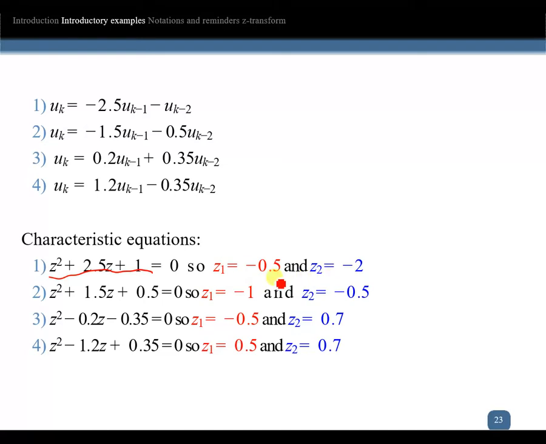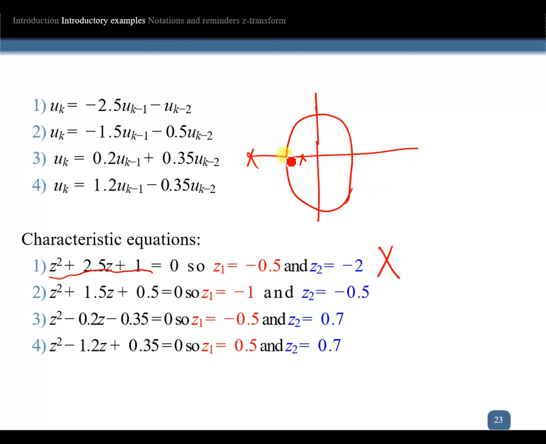First of all, I will check the first system. If you check the first system, Z1 and Z2, the poles of my system should be inside of my circle. One of them is minus 0.5, which is inside; one of them is minus 2, which is outside of the circle, that means unstable.